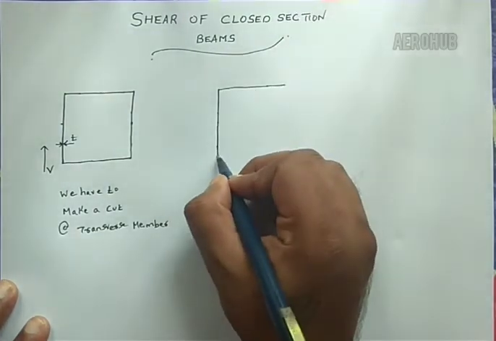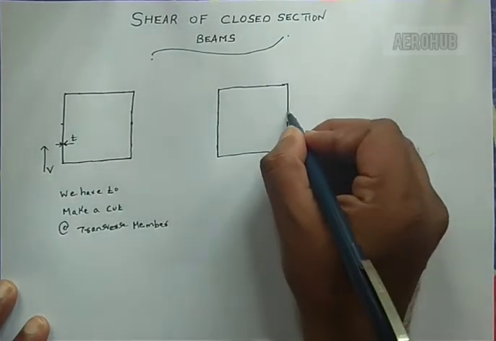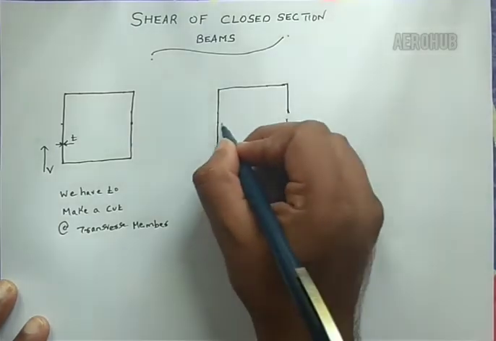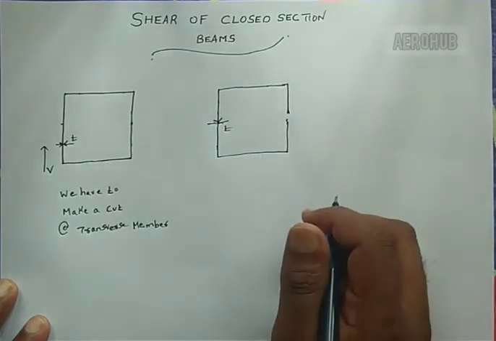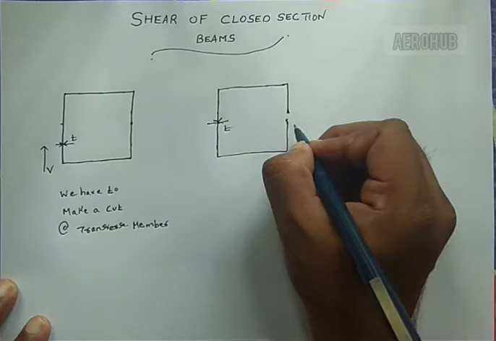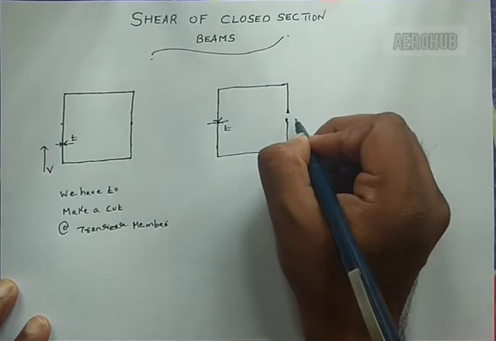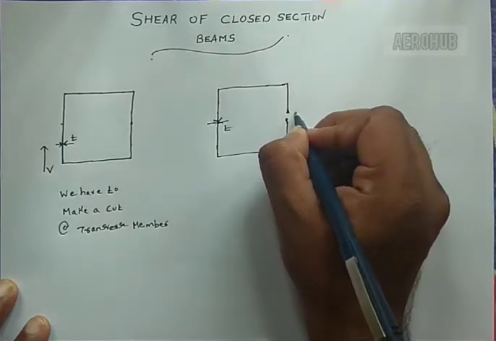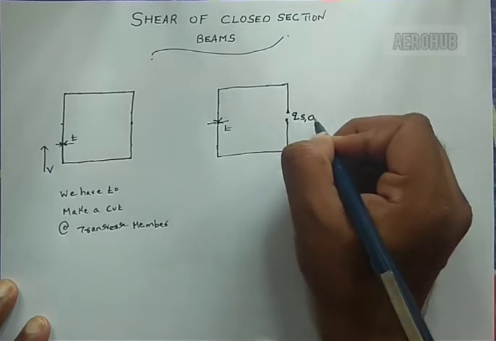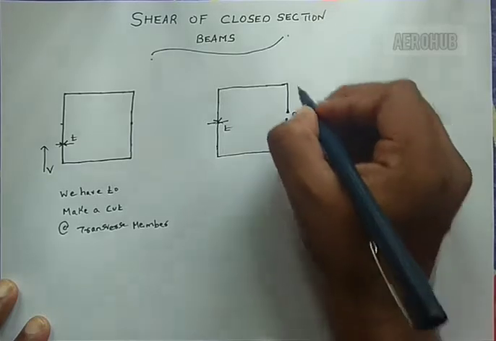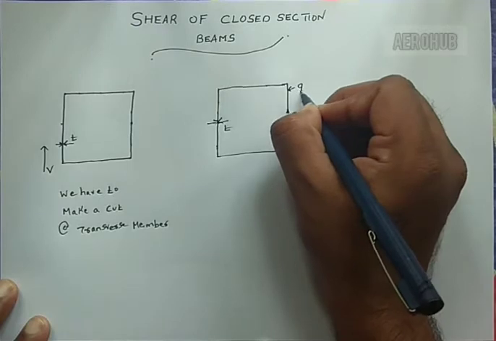This is your section and we have made a cut at the center of one web of the rectangle, having a thickness t, and this is the first step to analyze your problem. Let us assume that the shear flow at the point where we made the cut is Qs0, and the shear flow at the rest of the section is Qb.